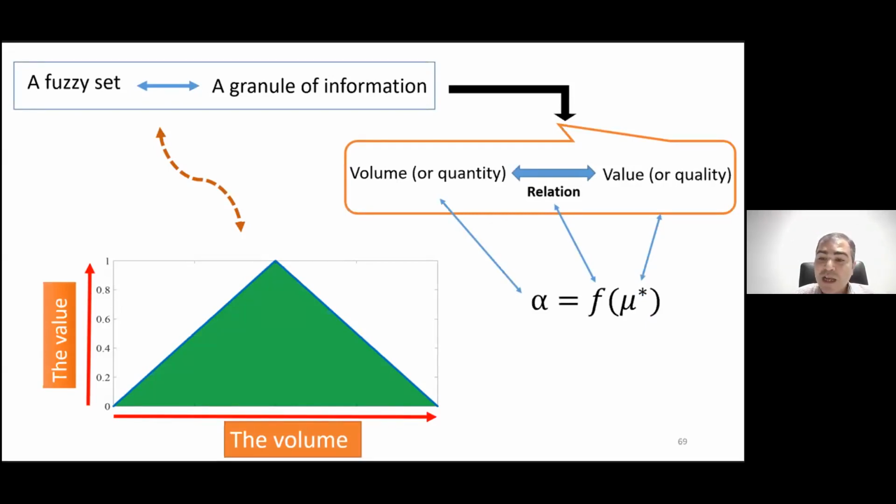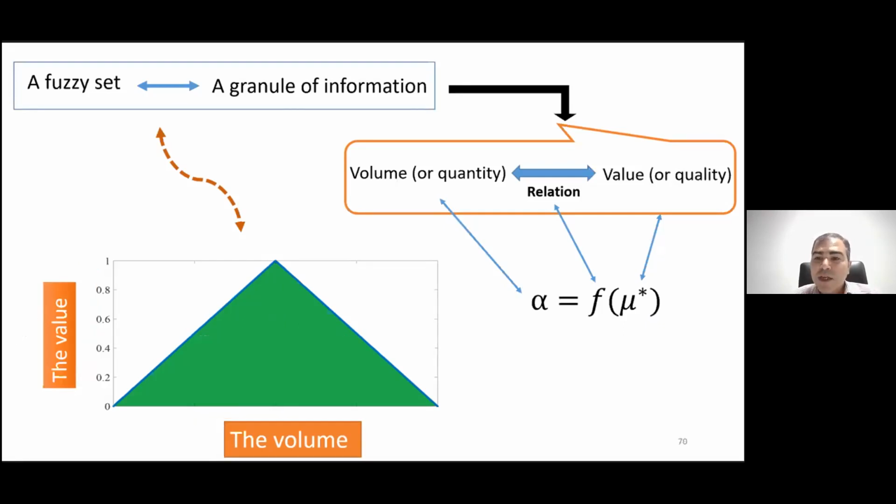In the subject of fractional fuzzy inference systems, the volume of information is related to an index, which is called the fractional index. And value of information is related to the truth degree coming from the antecedent part of a fuzzy if-then rule.